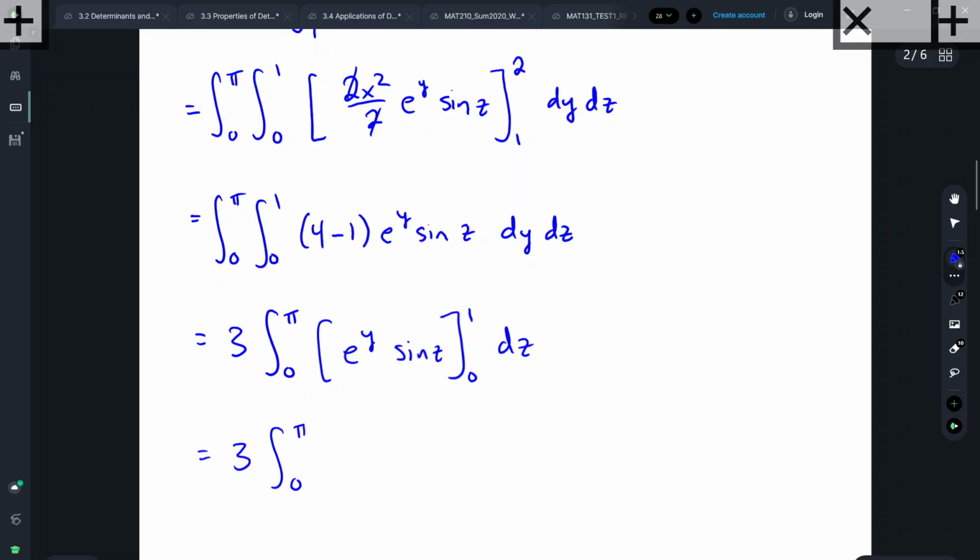Let's plug in the numbers. So here this is for y, right? So I plug it in for y. You get e sine z minus e to the 0 sine z.